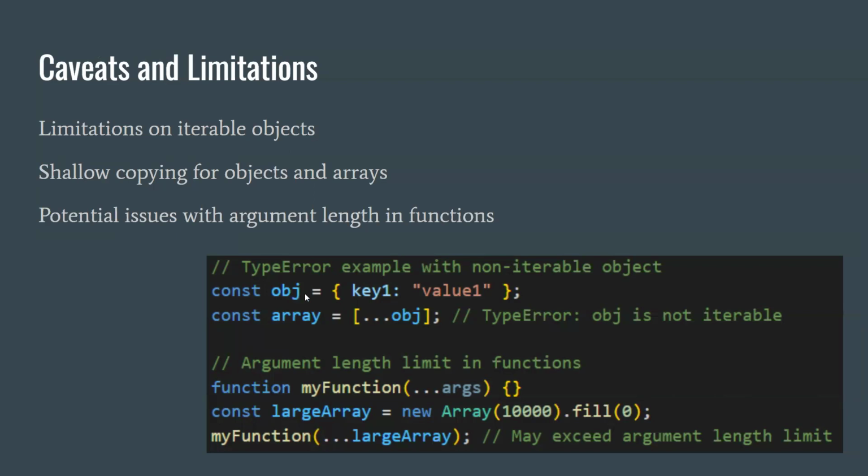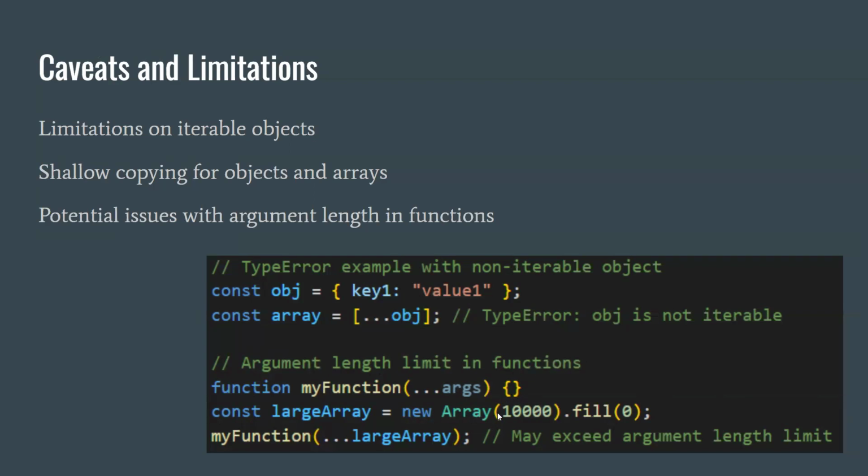We have an object that has property key1, and in key1 we have value 1. Because this object is not iterable, using this 3-dot notation would give a type error saying that the object is not iterable. And then here is an example of the argument length limit.